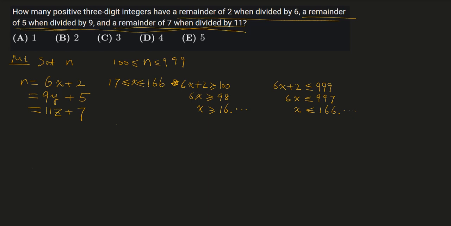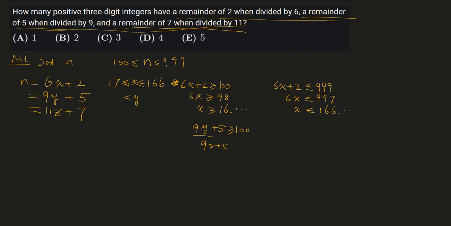Now let's look at y. We'll use the same approach to bound this variable y. 9y plus 5 is greater than or equal to 100, right? We don't have to solve these equations very rigorously because we can make a guess. In this scenario, y can take a value of 10. In that case, this gives 90, and then plus 5, that's 95. Then y has got to be greater than 10.